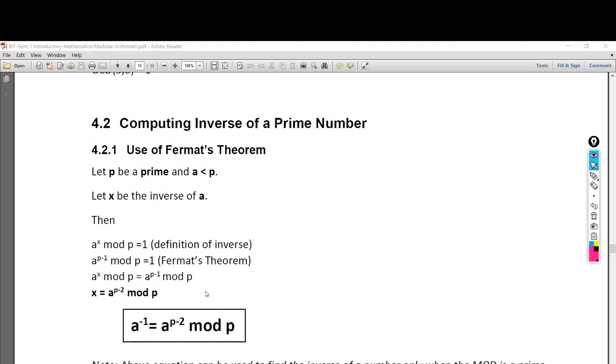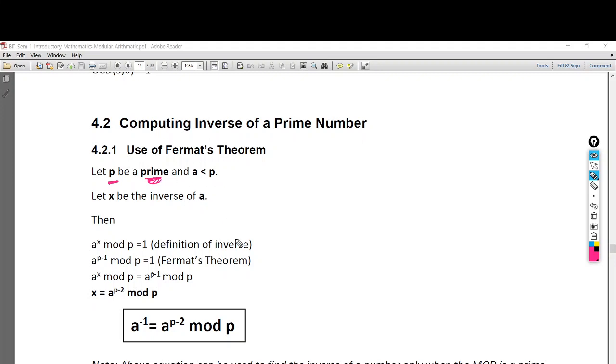So let P be a prime number. Sorry, I made a small mistake: it is applicable not when the number is prime, but when the mod is prime.